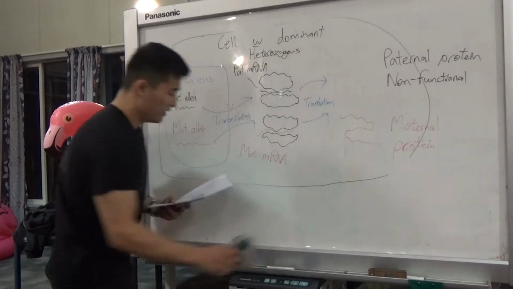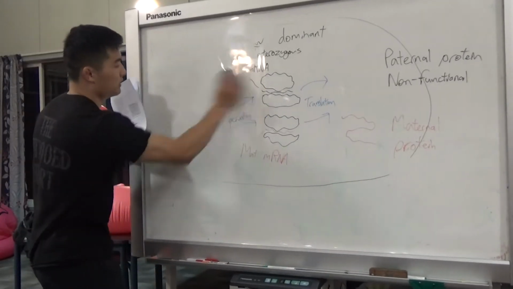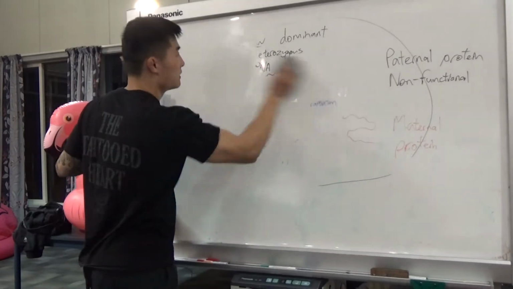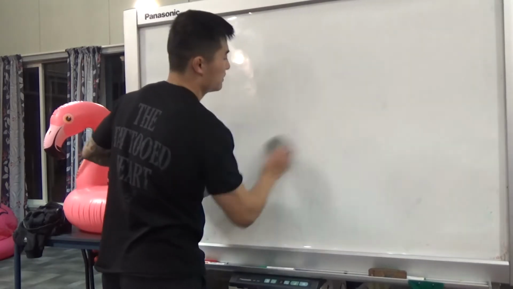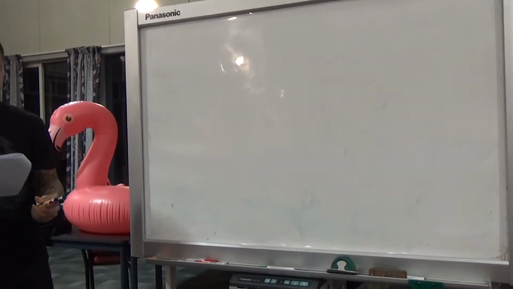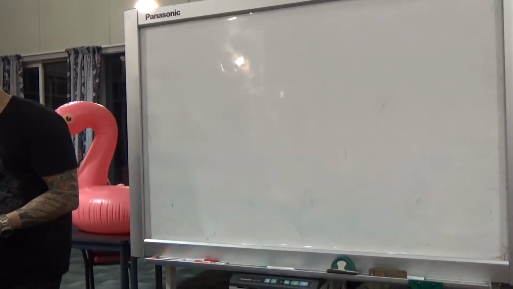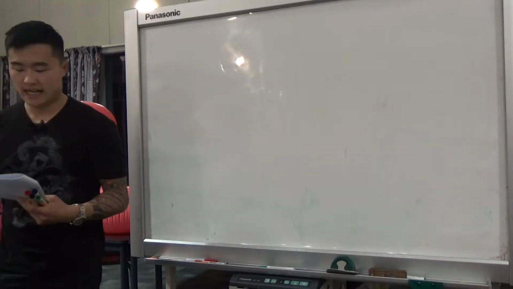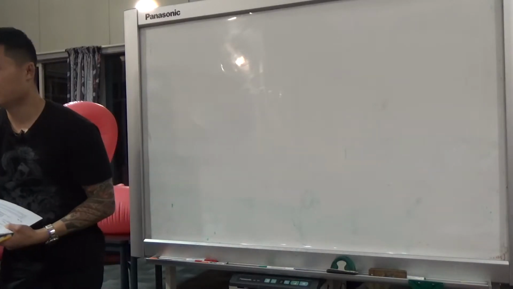So then we'll talk about phenylketonuria. So who can tell me whether phenylalanine is a polar or a non-polar amino acid?